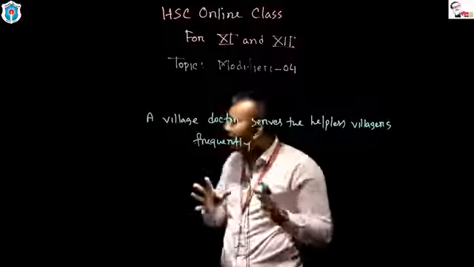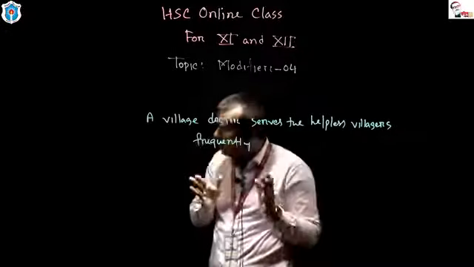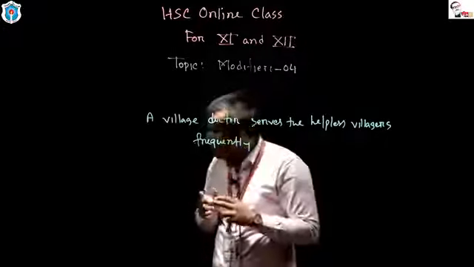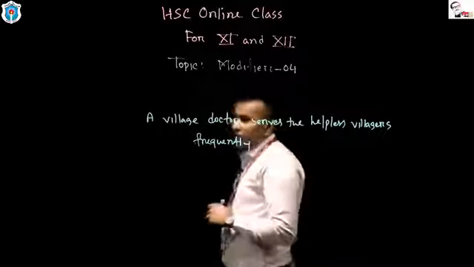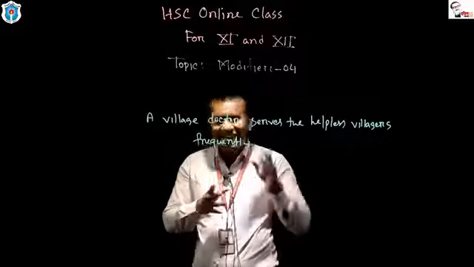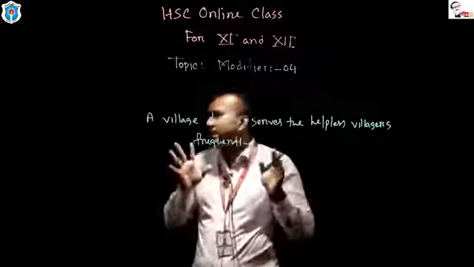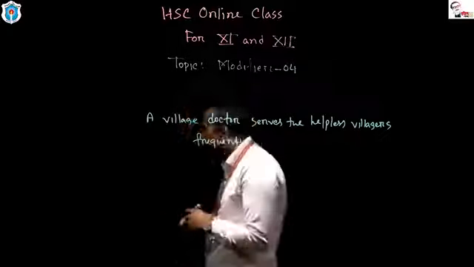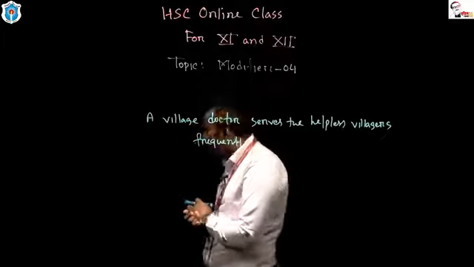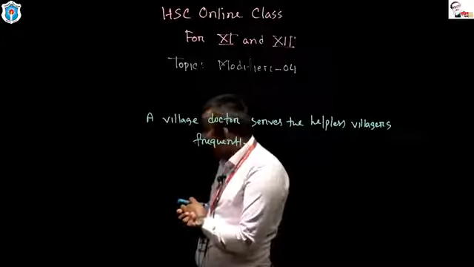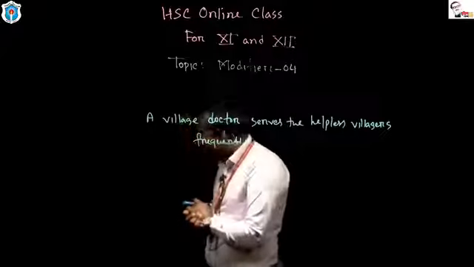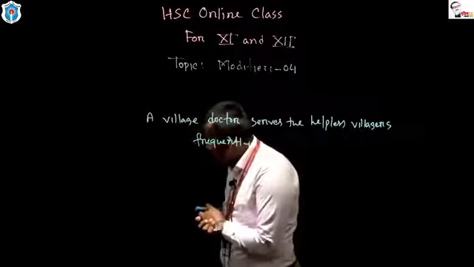Can you find any modifier, that is any part of the sentence that modifies or influences any other part? Hurry up, please. Is there any modifier? And if it is, how many modifiers are there? Yes. Ashim Hassan Siam: helpless and frequently.